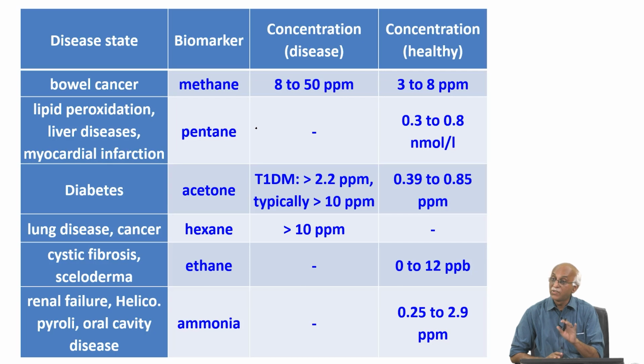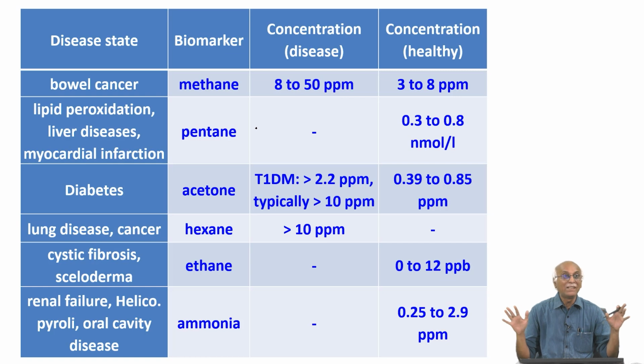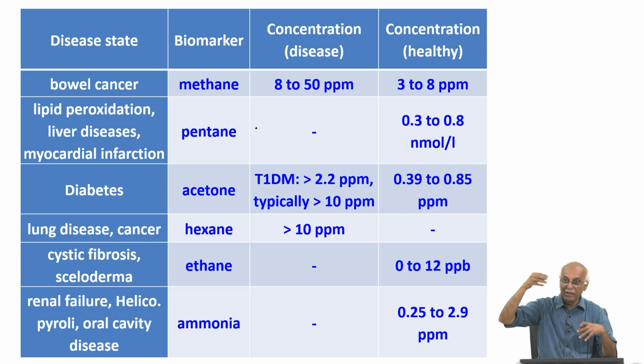In some of those samples there may be more than 1000 such biomarkers, many such gaseous molecules present other than the major constituents, nitrogen, oxygen, some small amount of CO2, and some other atmospheric gases.